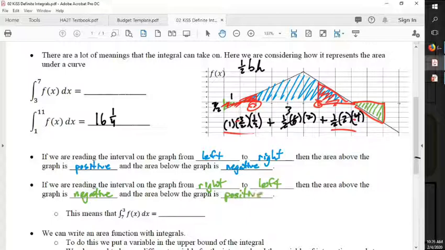So what would the answer to this be? Look, you see what changed? We're starting at 7 going to 3. That's going backwards. So what's our answer? Negative 16 and 1/4. We found this to be 16 and 1/4 when it's 3 to 7. So that means if you flip the lower and upper bound, the sign changes for your area.